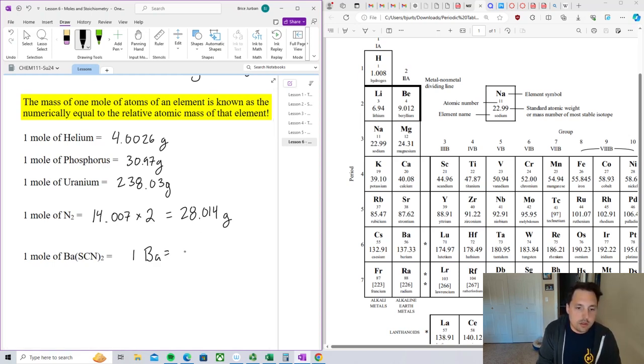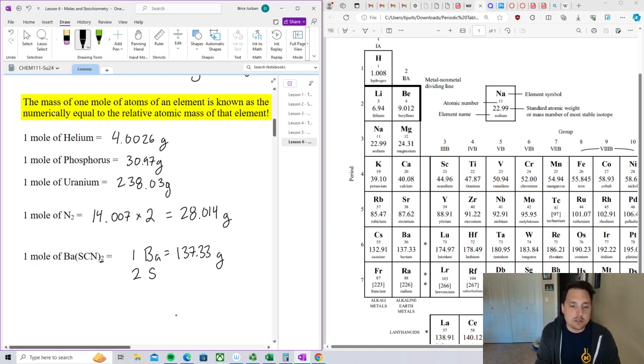So 1 barium equals 137.33 grams. 2 sulfurs, because this subscript is going to be referring to all those elements that are in those parentheses. We haven't done too much with parentheses yet, but this 2 applies to each of those elements. So we have 2 sulfurs, 2 carbons, and 2 nitrogens in this formula.